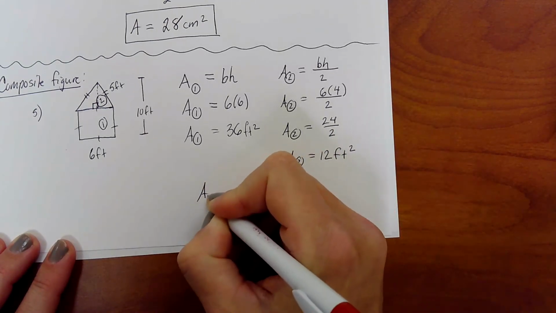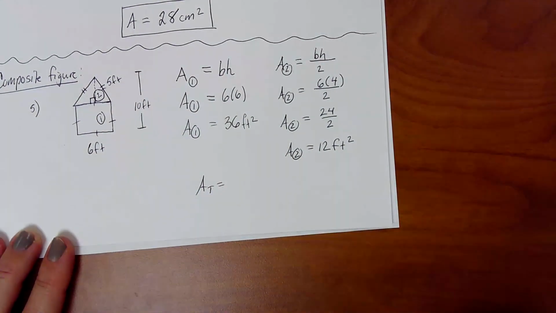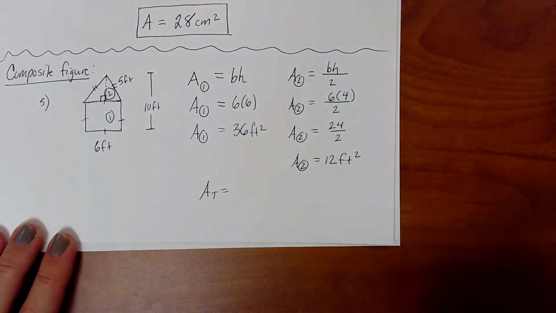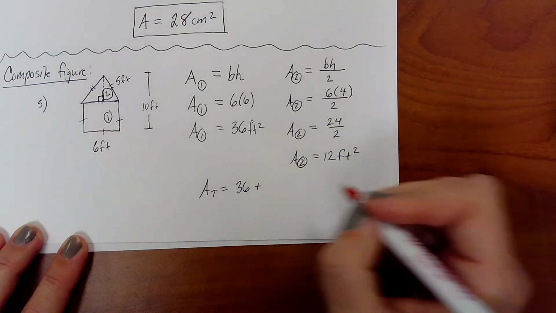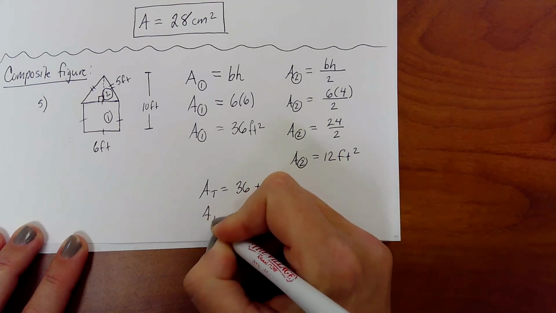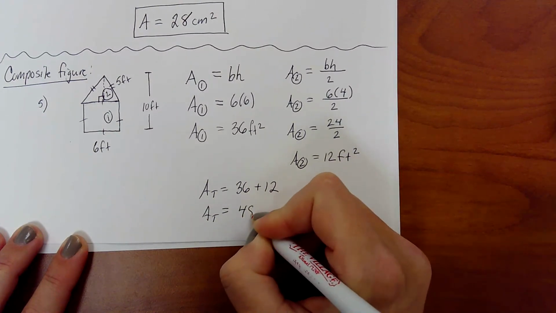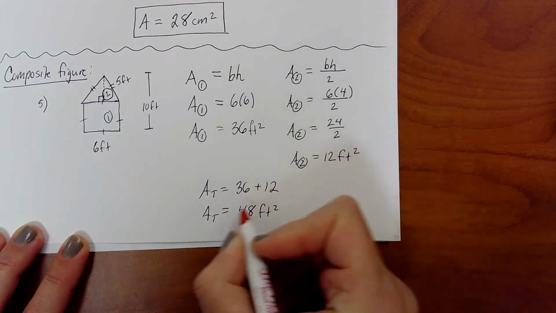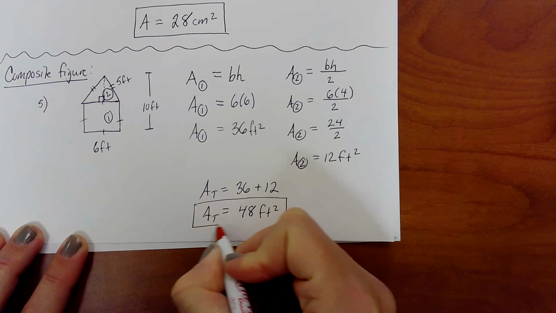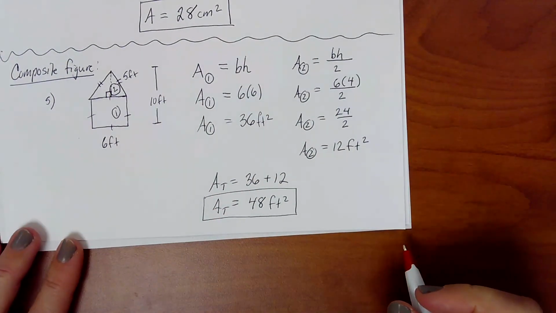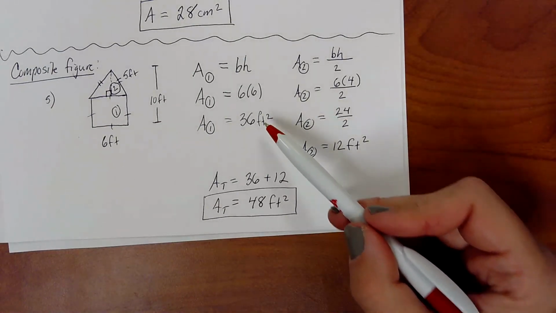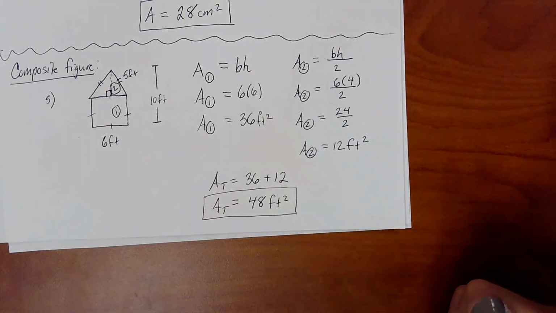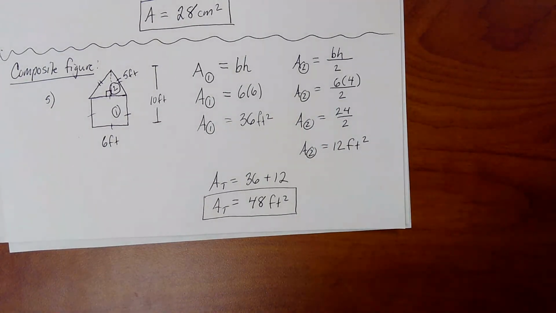And then for your total, T for total, you would just add those together. So 36 plus the 12, and you're up to 48 square feet in that figure. Okay, so stay organized, use a formula, substitution, answer with units every time: formula, substitution, answer with units.